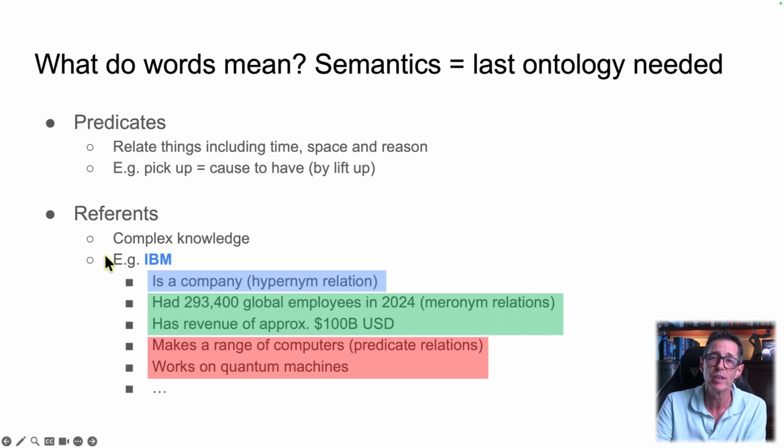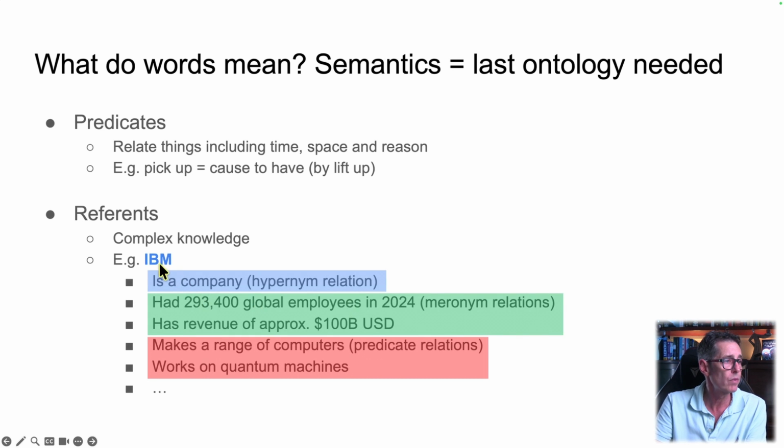And all of this is in a language independent representation, because these associations, the hypernyms, the meronyms, and these predicate relations are simply sequences of relations that are being constrained by the way you'd write it out.